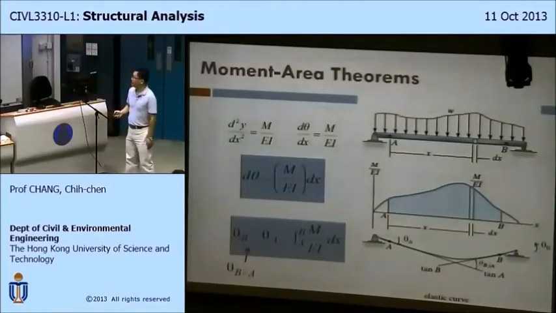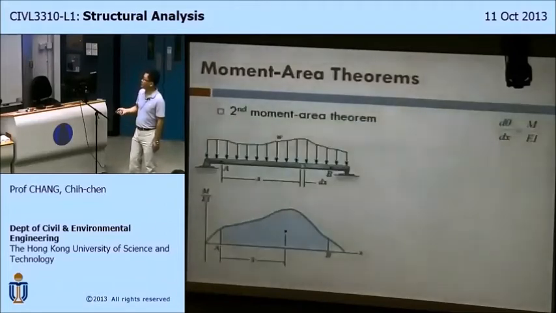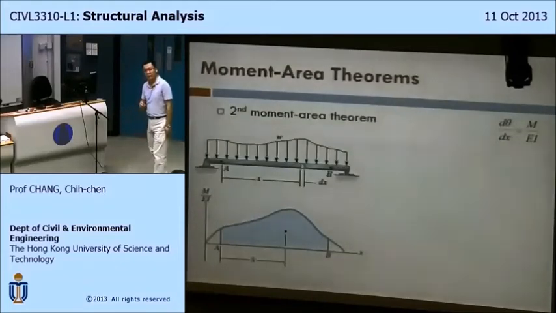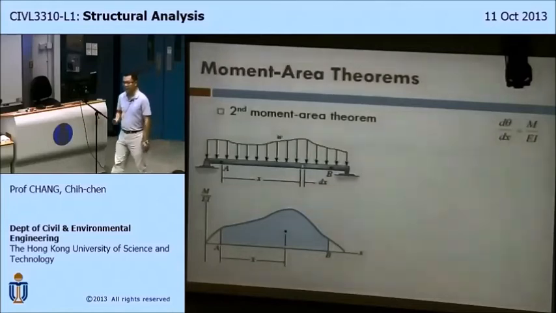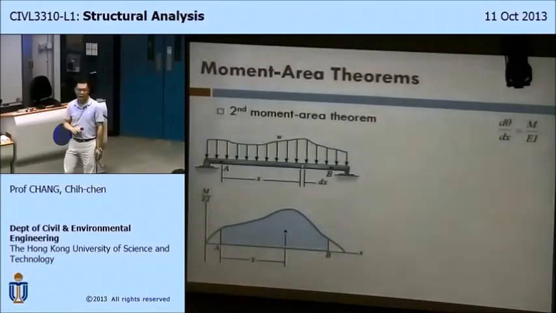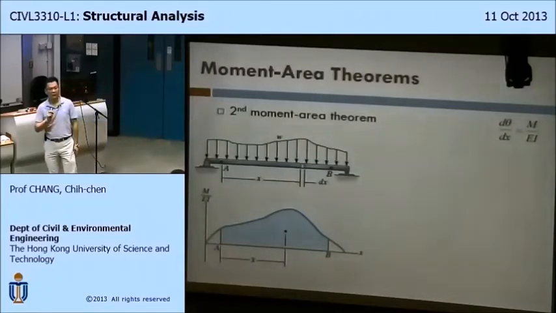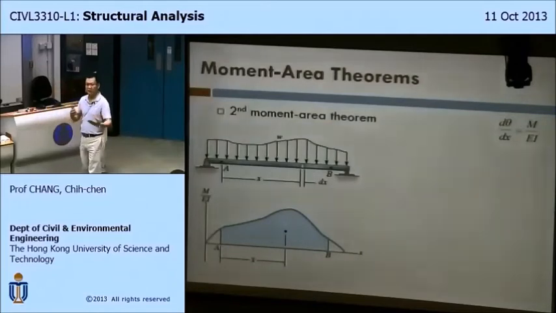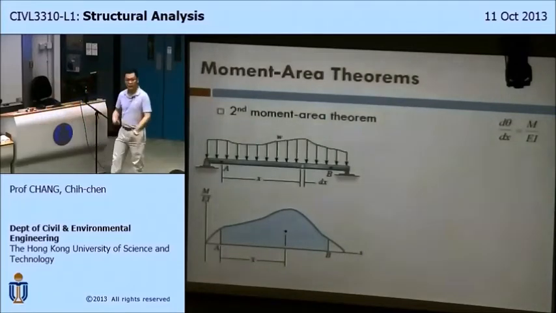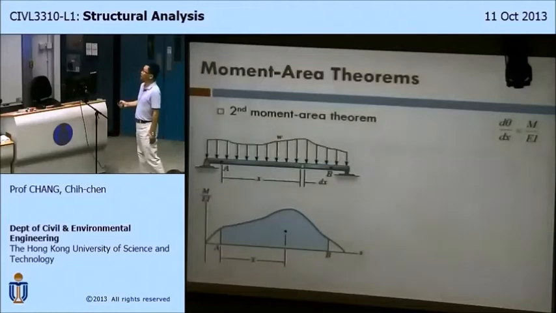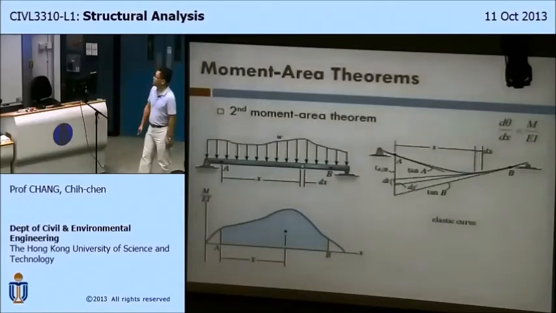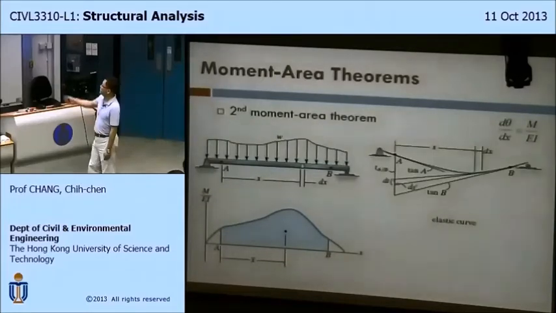Okay, so that's the first moment area method. The second moment area method is a little bit more complicated. It's not talking about the deflections of a structure; it's talking about some projected length on the deformed shape. So this is what it boils down to.